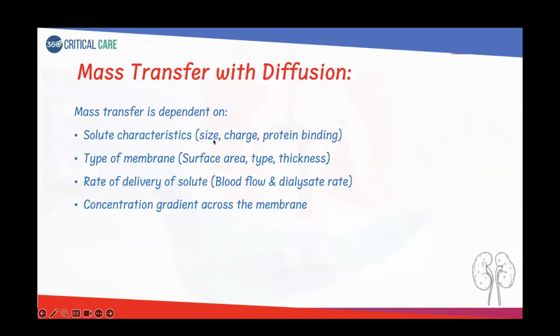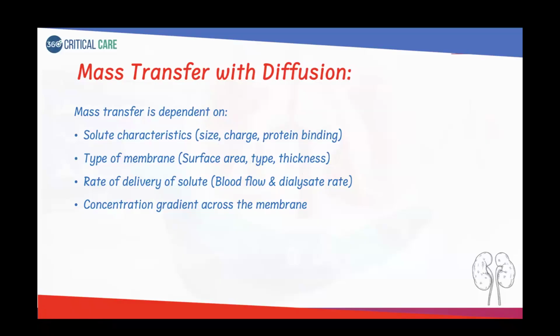The larger the size, the opposite charges, and the higher the protein binding will decrease the clearance of a particular solute. The type of membrane: increased surface area, decreased thickness, and type. Again, polarity of the membrane also determines the flow of solutes across it. So these are the important factors.